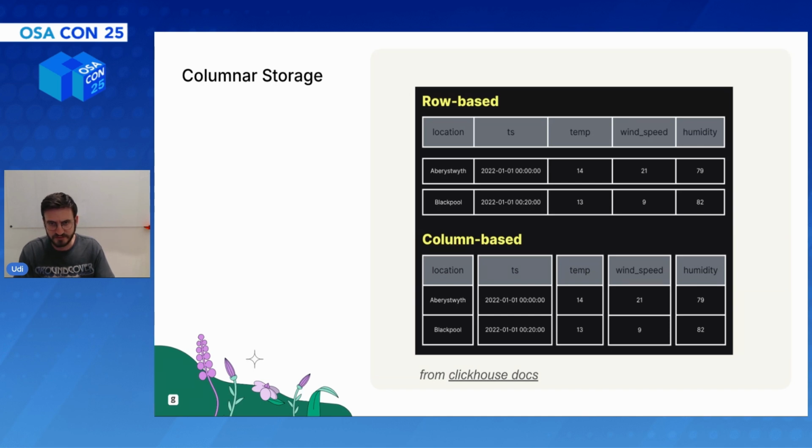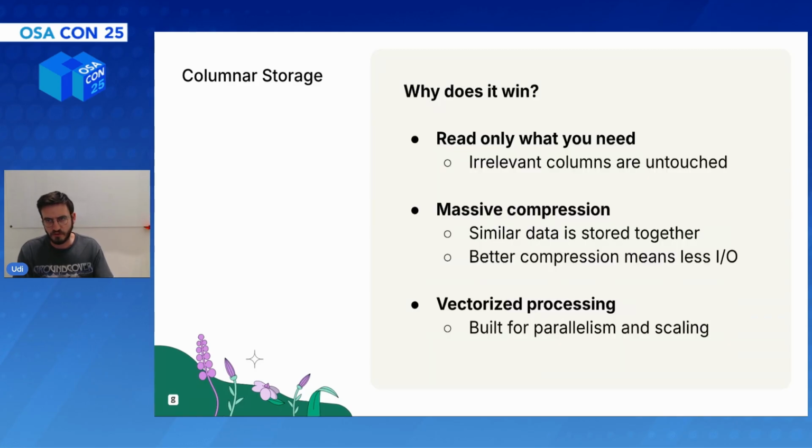This approach isn't very intuitive, but it's actually very strong. Why so? First, you only read the columns you need. If you have select queries that select only some of the columns of the table, when you query it over a columnar database, it will need to fetch only the columns you asked for, and it won't touch the irrelevant data.